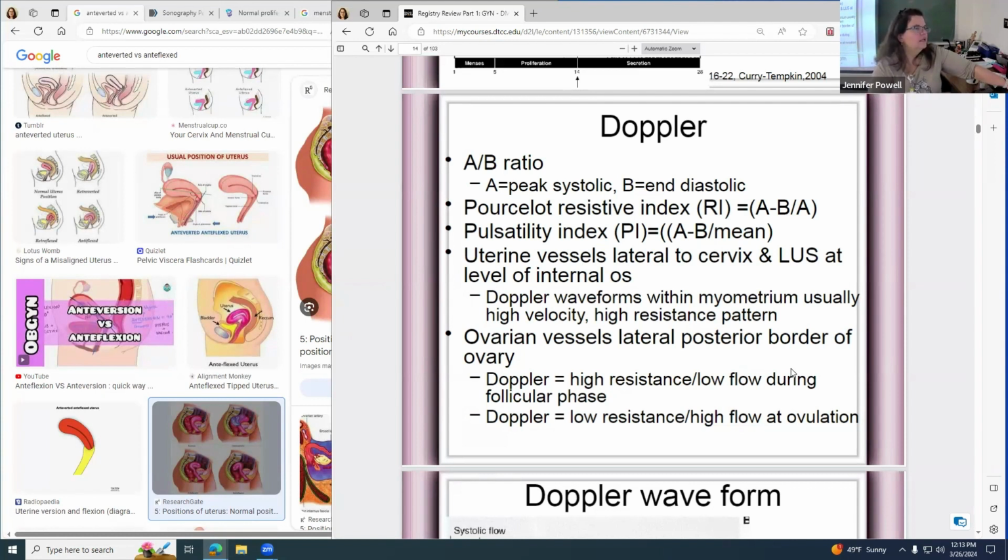The whole point of this is that, unlike any other organ in the body, when you have an organ that's being used all the time, let's say like the renal arteries, they are going to have low resistance, high flow.